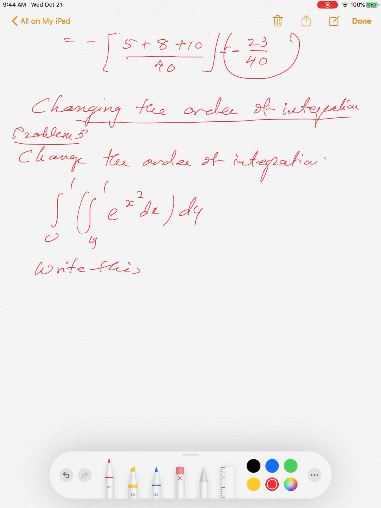So write this. This is called a repeated integral when you are integrating a function of two variables, which is e to the x square here. Write this repeated integral by reversing the order of integration.